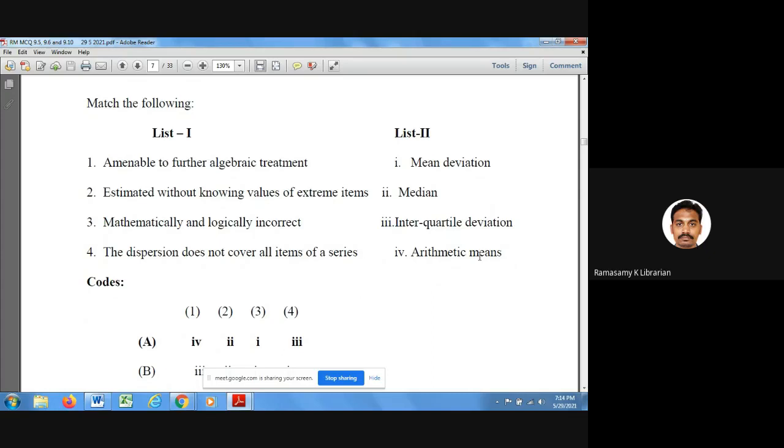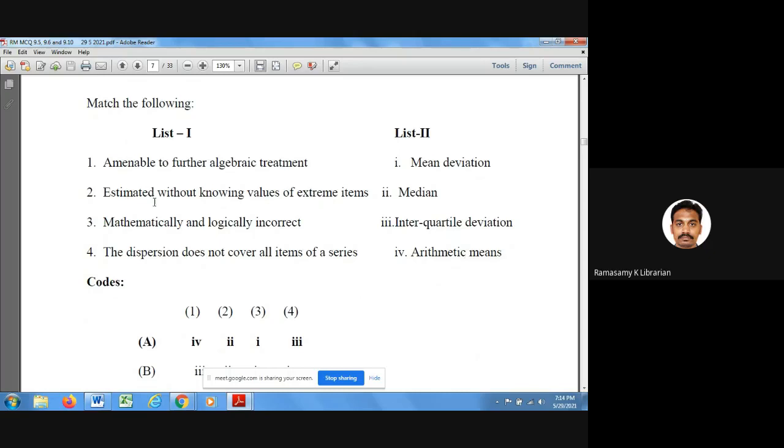Whether you talk about paired sample t-test, independent sample t-test, one-way ANOVA or two-way ANOVA, or Z test, in all these cases we are comparing only the means. So mean is a data which can be further put into various algebraic treatment. So the answer for 1 is 4, arithmetic mean.